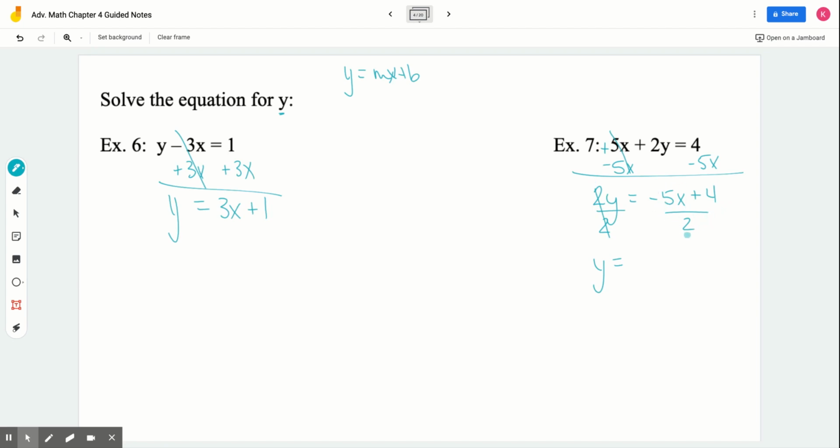So negative 5x divided by 2 is negative 5x over 2, or negative 5 halves x. 4 divided by 2 is simply 2. Here we have y equals negative 5 halves x plus 2. Again, we have y by itself, and we're in y equals mx plus b form.